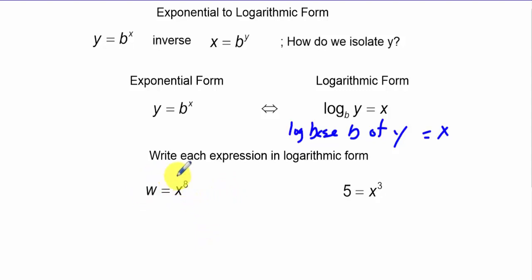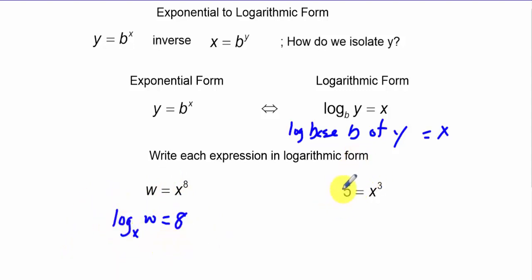If I take this equation, w equals x to the 8th, and change it to logarithmic form, I slide the base, so I have log base x of w is equal to 8. But that really doesn't give me any idea of what the logarithm function does.